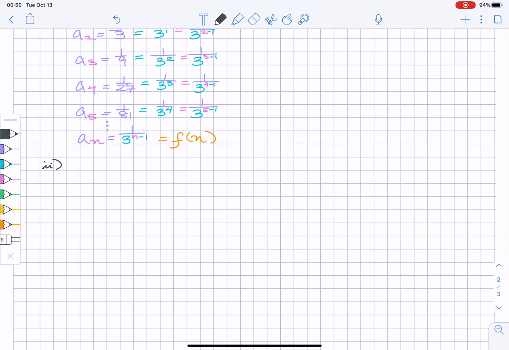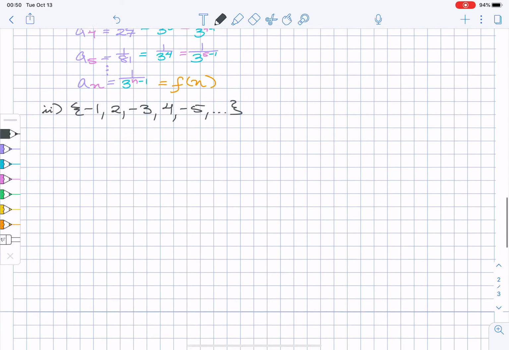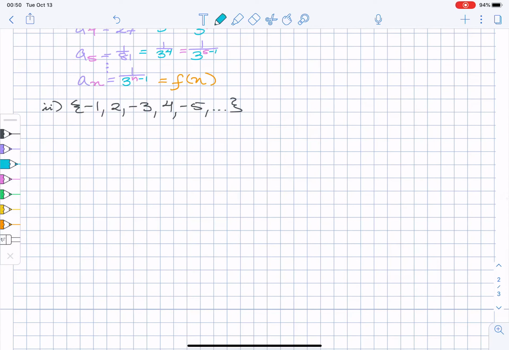So let's say we have the sequence -1, +2, -3, +4, -5, etc. So in this case, we have that A sub 1 is -1. Then we have that a sub 2 is positive 2.